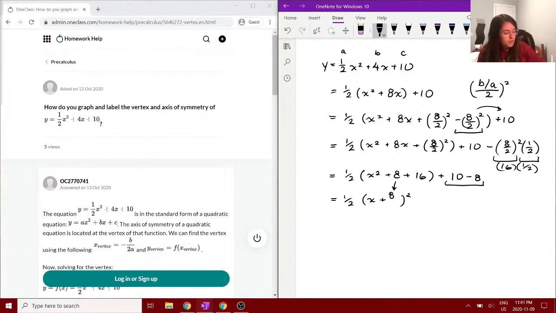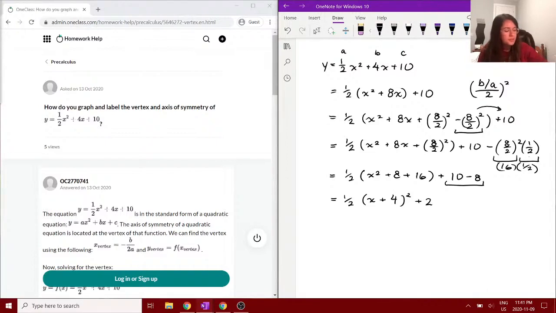So 8 divided by 2, or simply just 4, right? So in order to confirm that x plus 4 all squared is equal to this term here, you can always multiply it out. And once you start to find the pattern of how a perfect square works, then you can probably remember that pretty easily.